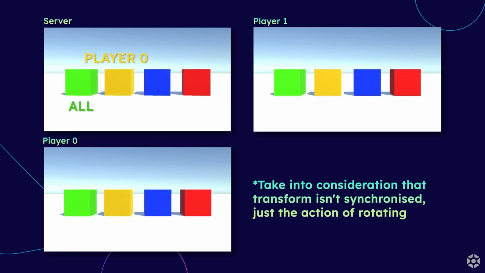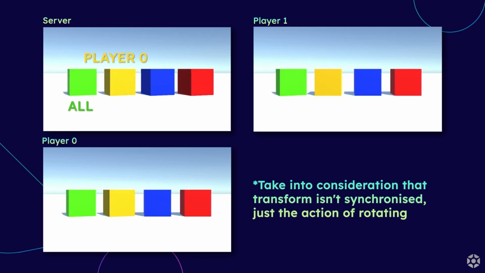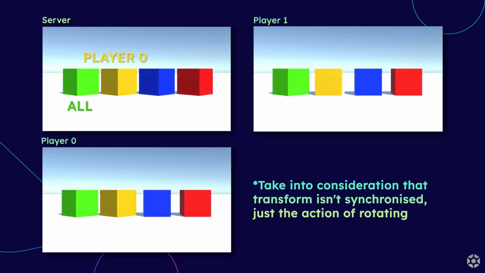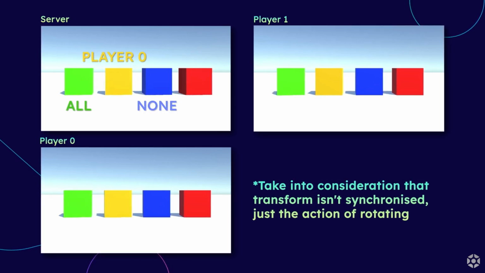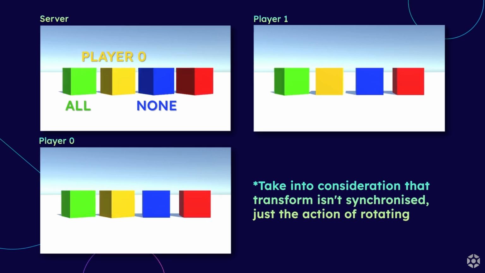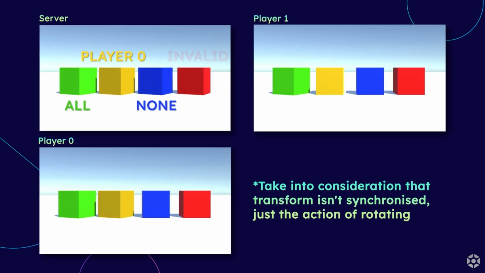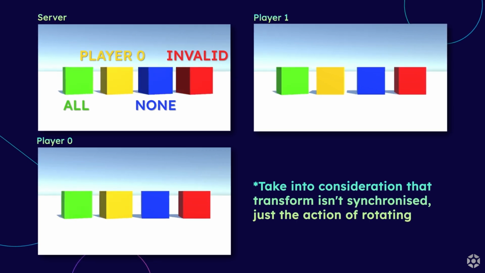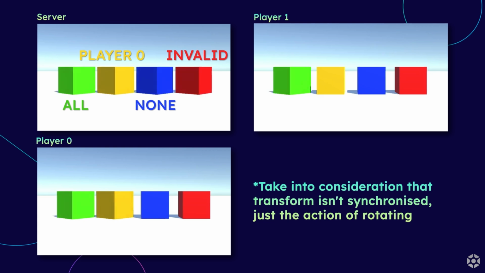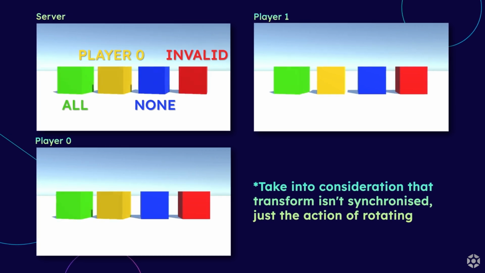If you set it to player, you will give an ID, then the server and the player with the corresponding ID will simulate the object. If you set it to none, then the server will be the only instance simulating the object. The invalid option will work the same as none, but in the code it will simulate an invalid value, and it should only be used for testing purposes.